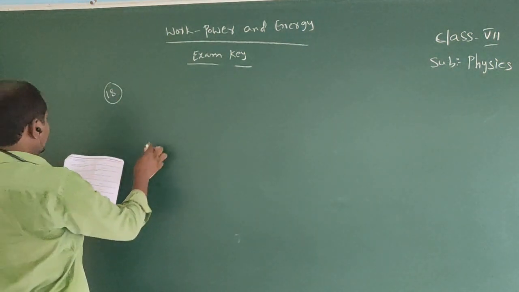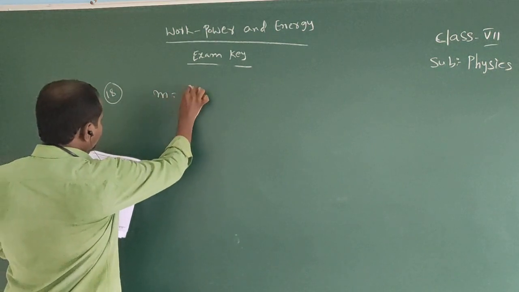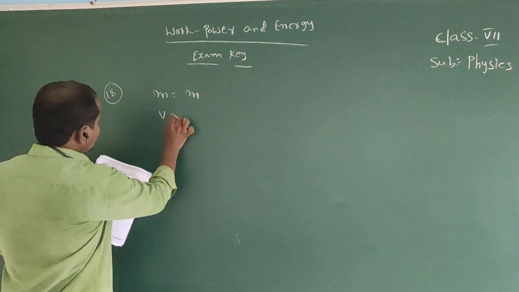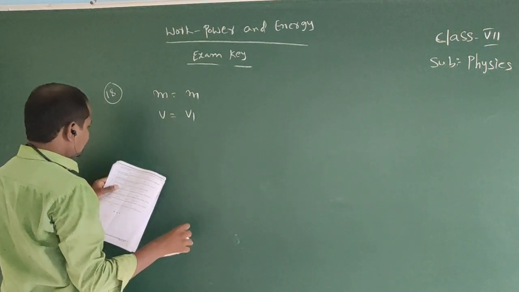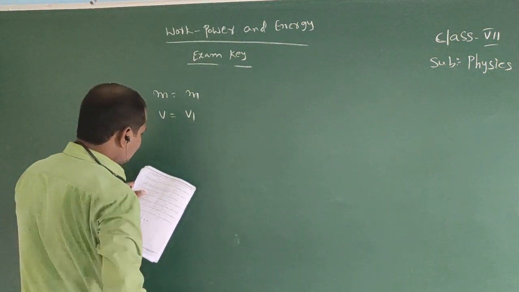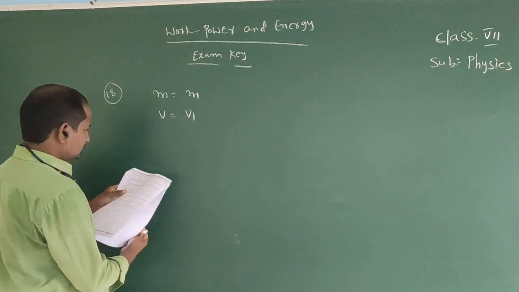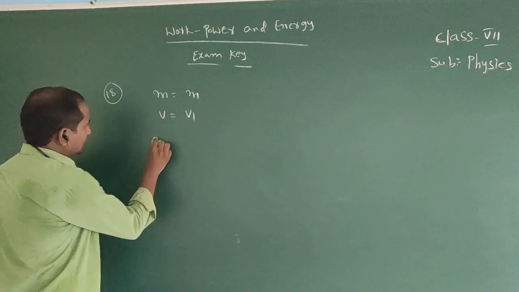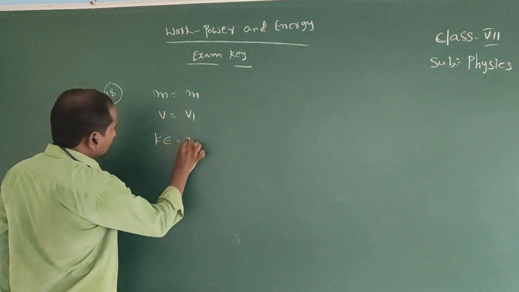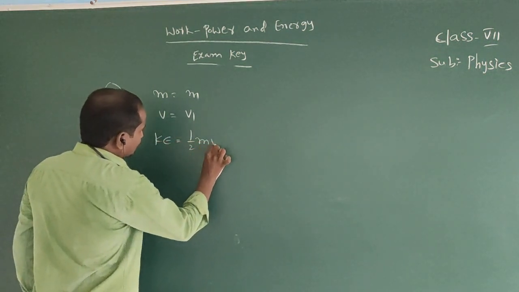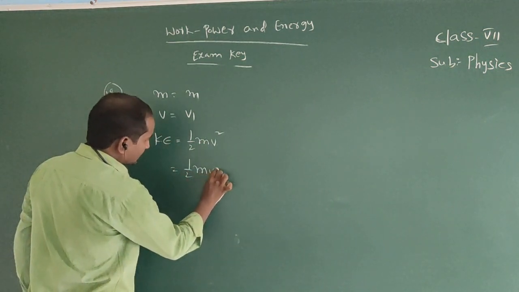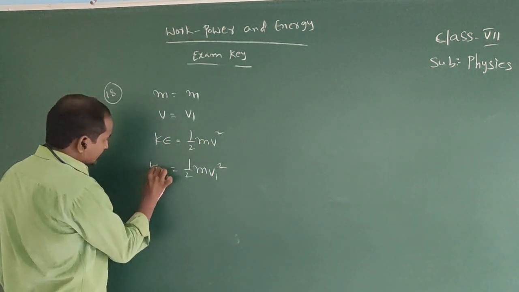In first case mass equal to m. So your v equal to v1. Then K equal to half into m into v square, that equal to half into m into v1 square. It is kinetic energy.